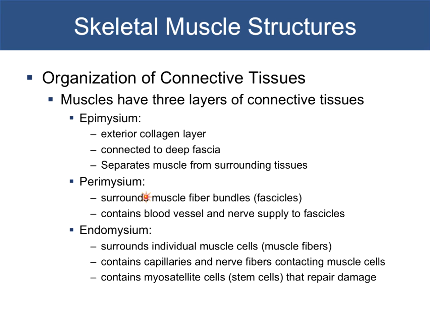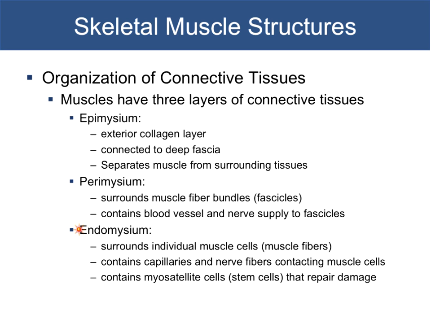So epimysium surrounds the entire muscle. Get a little bit closer, and you're going to see various perimysiums that surround individual groups of cells, or what we call fascicles. And then if we go into one of those perimysiums, we'll see the endomysium. The endomysium is going to surround an individual muscle cell. Or, remember, we can use the term muscle fiber interchangeably.